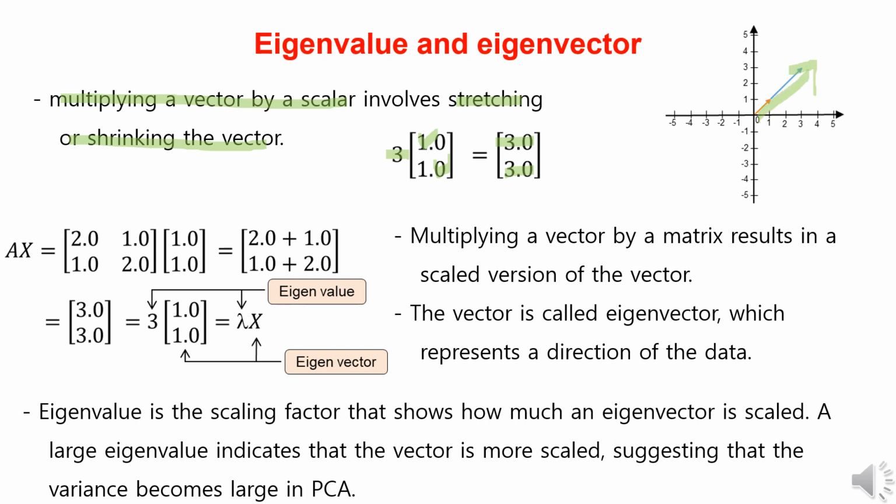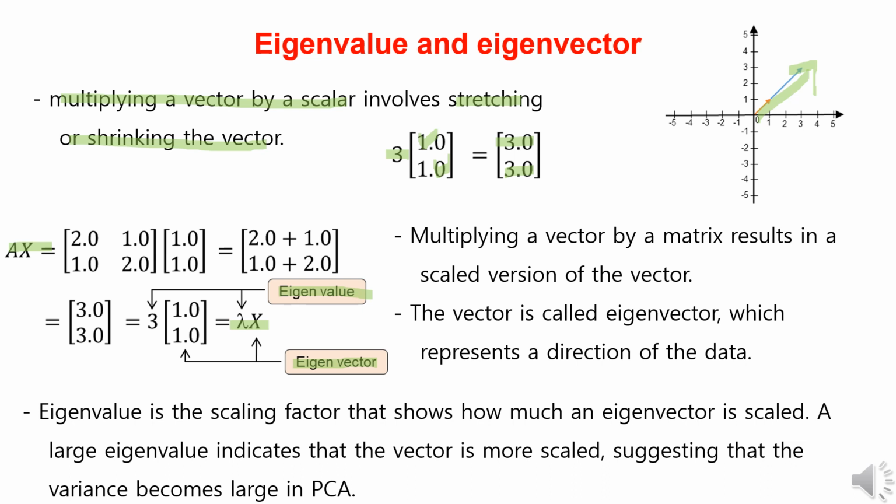Now, when we multiply a vector x by a matrix A, and the result is proportional to the original vector, it means that the matrix transformation only changes the magnitude of the vector, and the direction remains the same. In this case, we call x the eigenvector, and the proportional value, lambda, the eigenvalue.